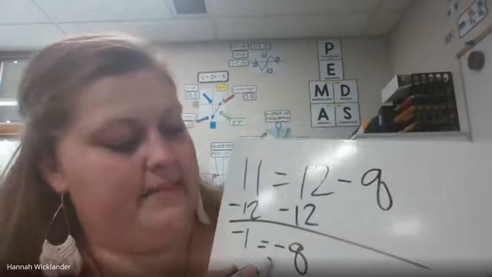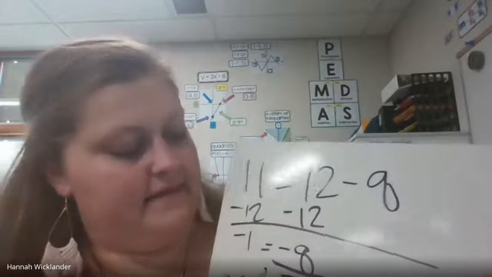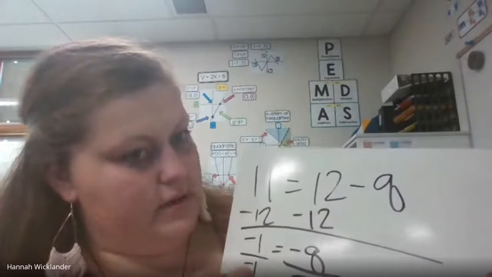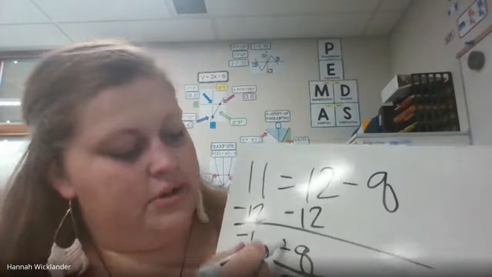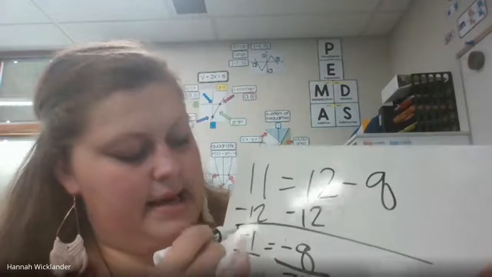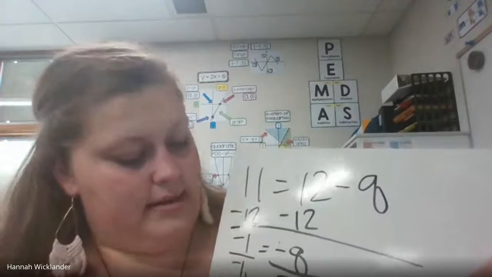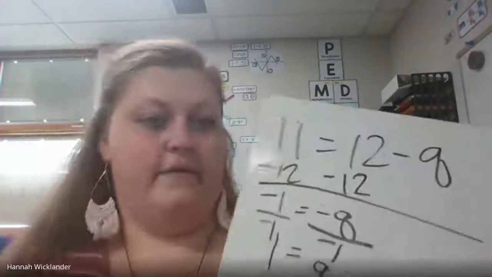So I'm going to divide by -1 because a negative divided by a negative gives me a positive. What I do to one side of the equation, I must do to both. So negatives will cancel out and I'm left with a positive Q. And -1 divided by -1 once again gives me a positive 1. So Q equals 1 for number 5.